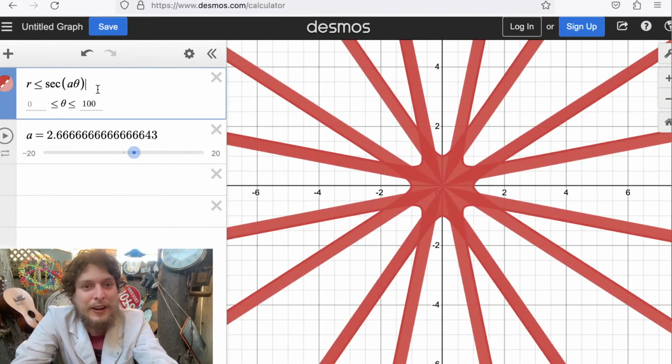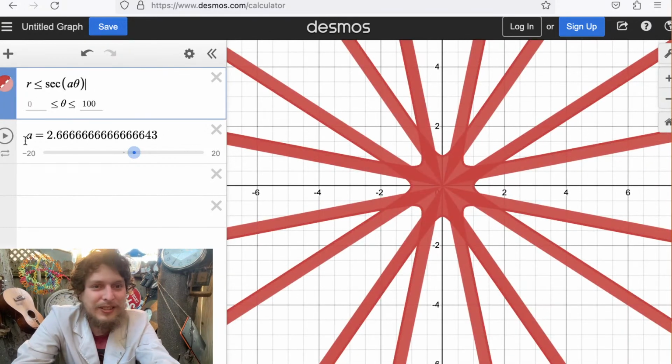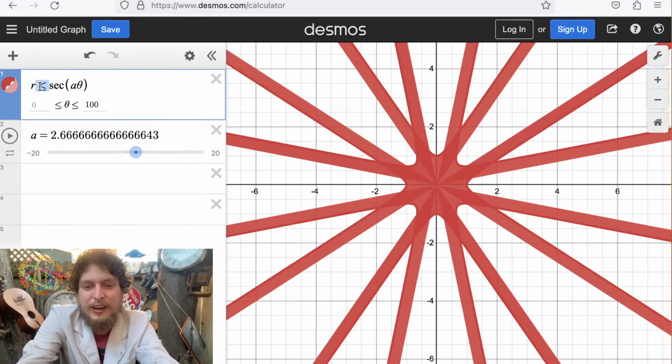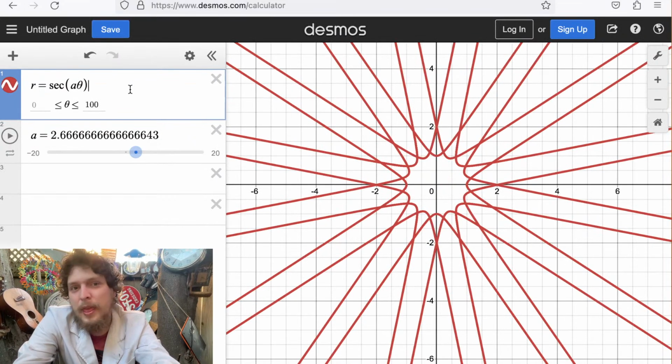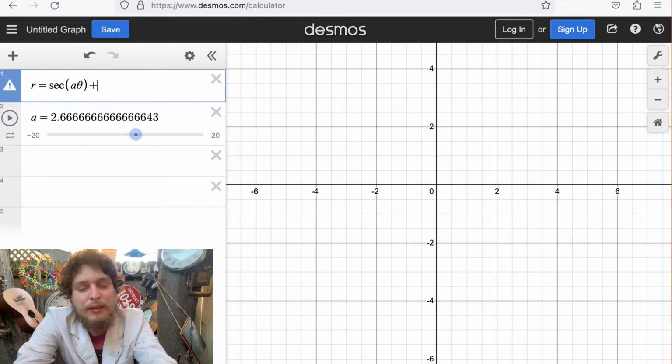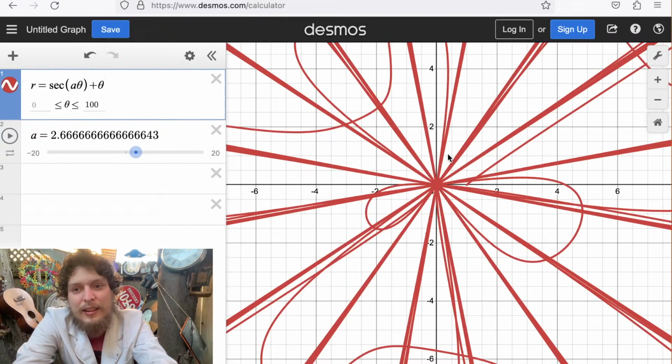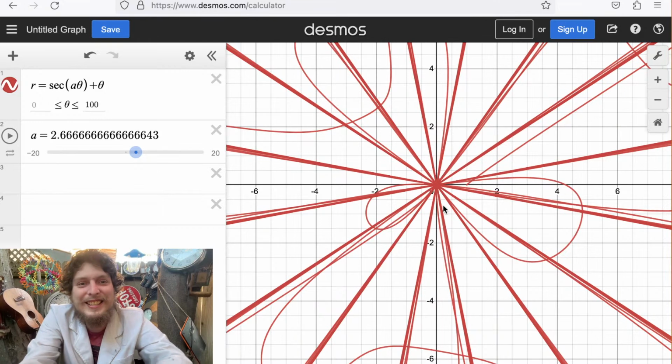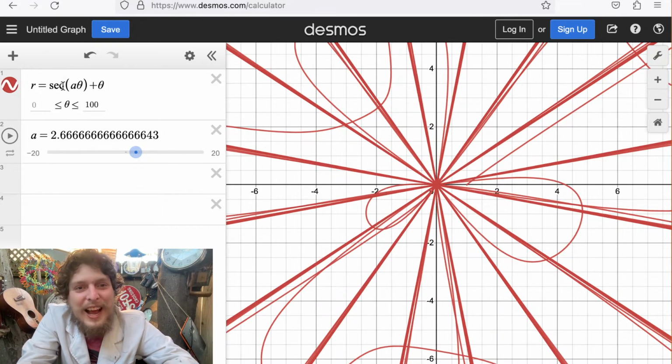And I found that if I take one simple thing like this, and we won't inequality it anymore, we'll make it a little clearer first, and I add something very simple, like even if I just add theta. This is when I took that last one, but added theta.